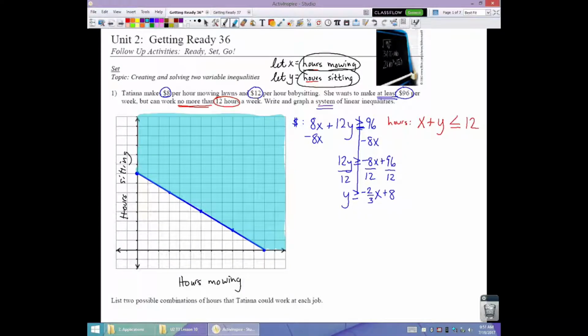All right, the red inequality, the one about hours, again, we need to solve for y, so we'll subtract x on both sides and get y is less than or equal to negative 1x plus 12. That one has a y-intercept of 12, so if this was 8, we got 9, 10, 11, 12. And the slope is negative 1, so down 1, right 1, down 1, right 1. It will be another solid line because it's or equal to.